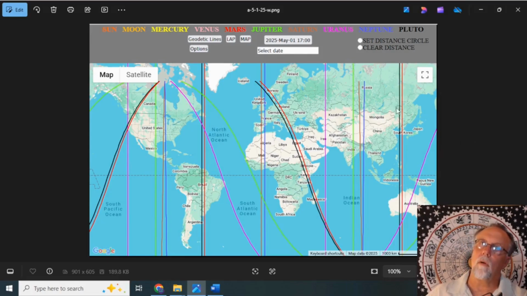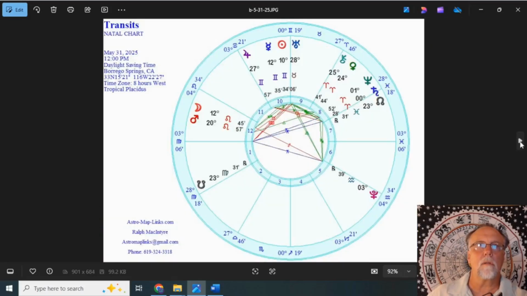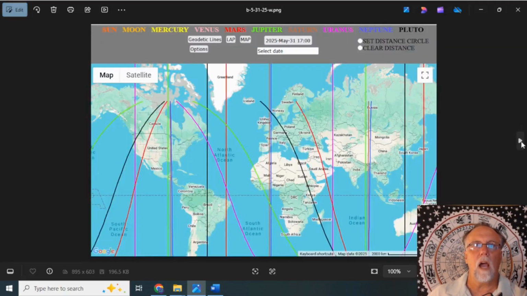And then also over by China, South Korea, this whole area right here, Mars is going to be moving through. If you look at the beginning of the month, Mars was at early Leo, and at the end of the month it's going to be progressed to kind of mid-Leo. By looking at that, we can see how far Mars has moved.